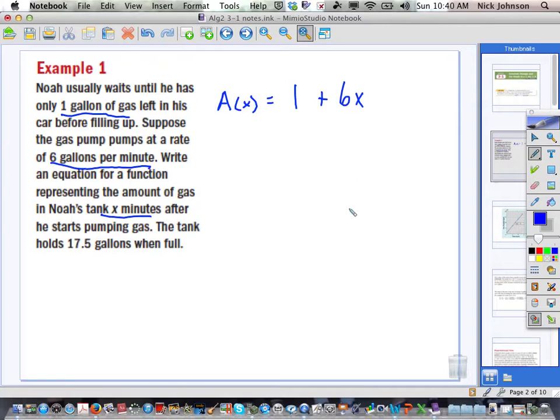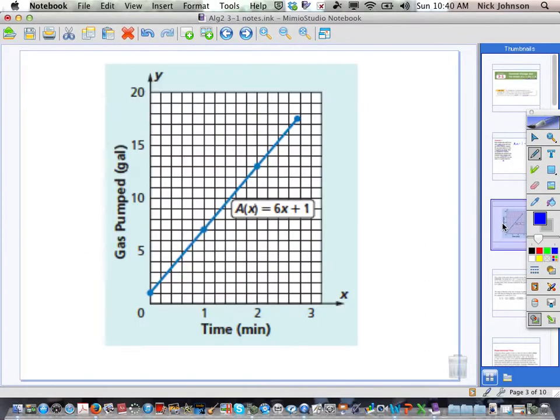Now, we can graph this to see how long it takes until the tank is full. On the next slide, you see my y-intercept is 1. It goes up 6 over 1, up 6 over 1, up 6 over 1. You get all these points.